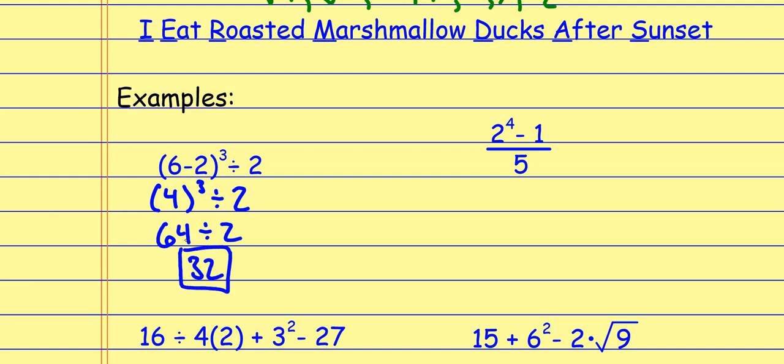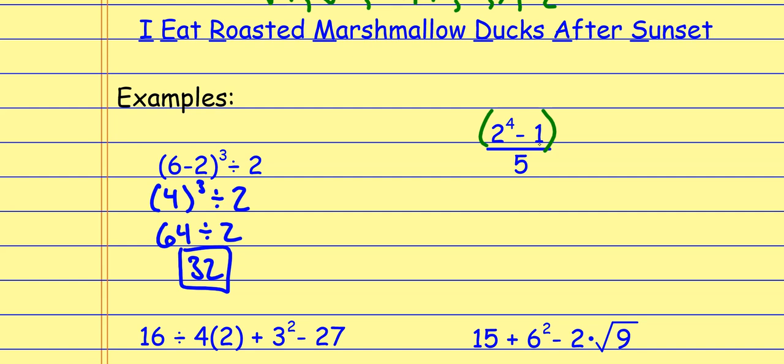That's it. If I look at the next one, this one's a little bit tricky, and this is the other place we have trouble with tiebreakers, and then students have trouble recognizing invisible parentheses, all right? There are parentheses that are implied here, all right? And the parentheses for this one are around the numerator, okay? And I know there's parentheses there because that fraction bar, that division symbol, is happening to that entire numerator.